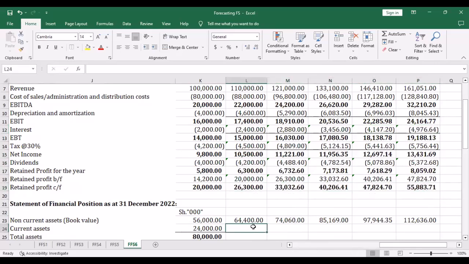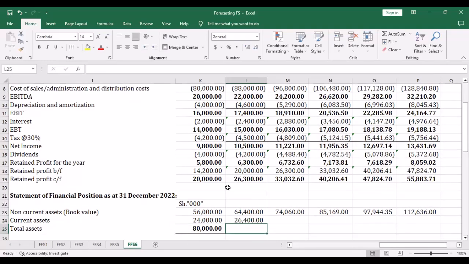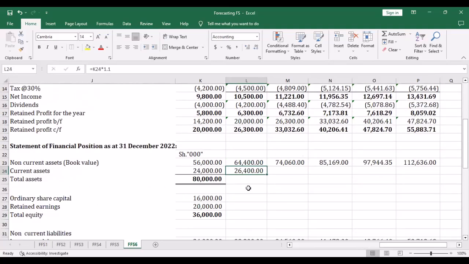So you've been told the current assets will grow at 10%, isn't it? You multiply by 1.1. Maybe I'll drag later. So here it will be the summation. Maybe I can just go direct because there are just two, plus this one here, Control Enter, Control Bold, Alt HBU.